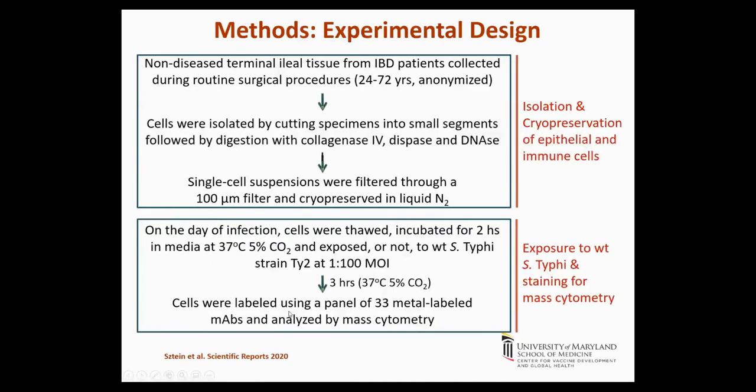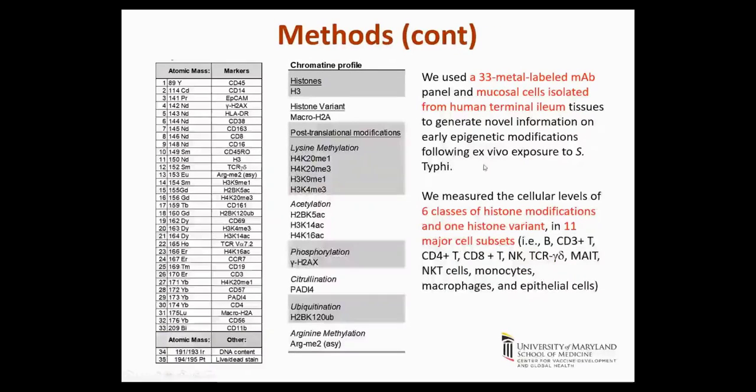And after the incubation, we used a panel of 33 metal-labeled monoclonal antibodies and analyzed the data by mass cytometry. Overall, it's a panel of 33 metals that include multiple cell subsets.